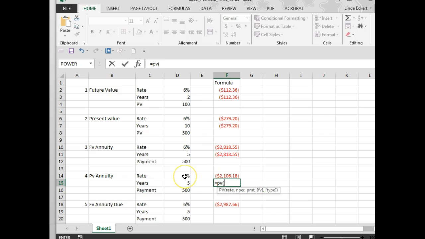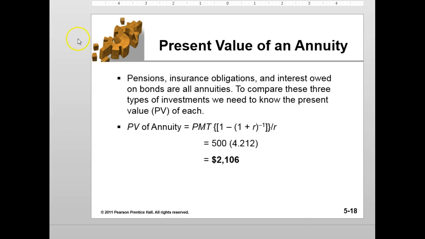Again, I go the rate, the period, and I believe that was a payment. I'm going to hope it is. And close that. That gives us $2,106 as the present value of an annuity of $500 for how many years? I think it was 5.